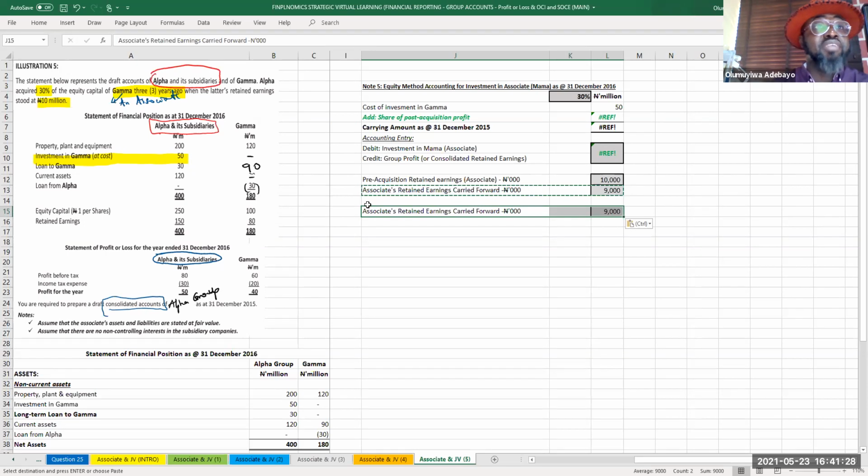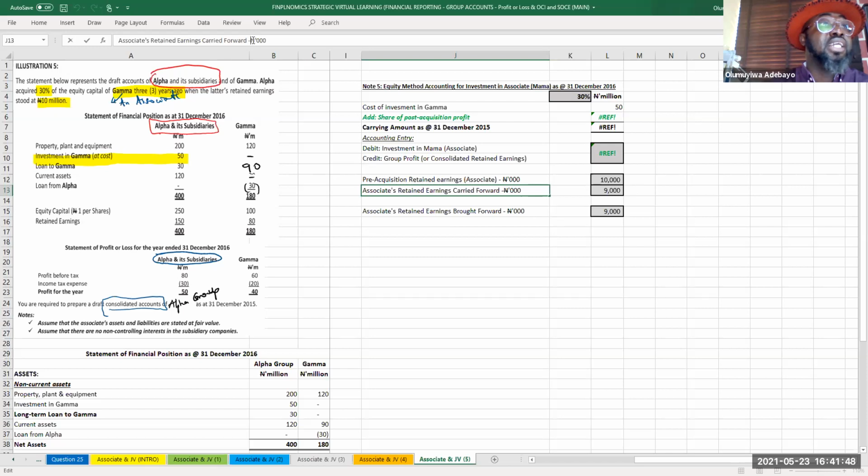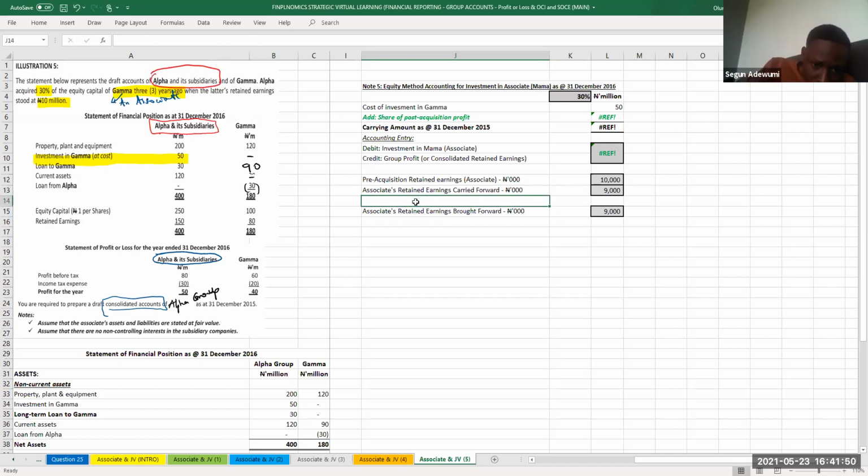But I know that the difference between retained earnings brought forward and carry forward is what? Who can tell me? What's the difference between the two? What comes in between the two? It's profit for the year. Profit for the year. Are we given profit for the year? Yes.